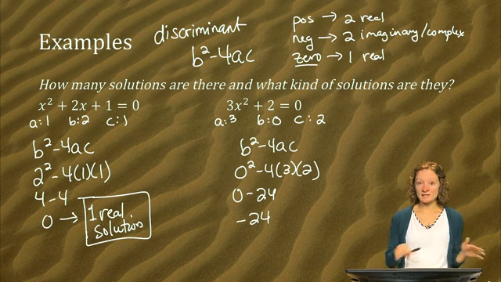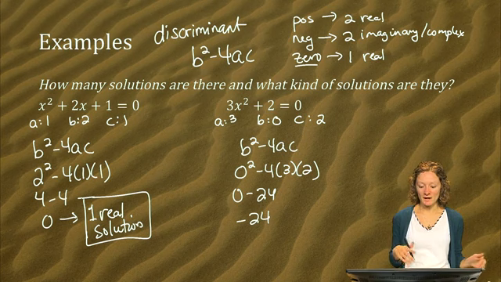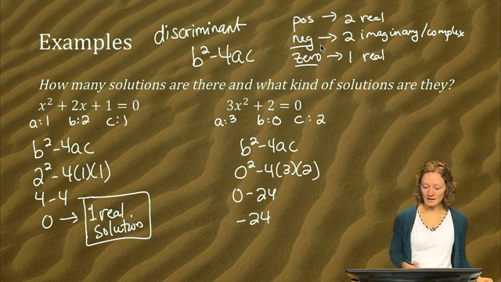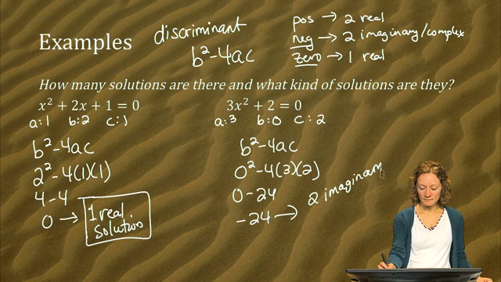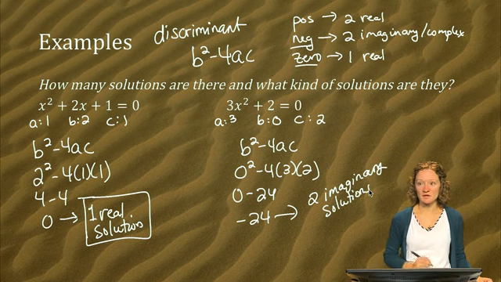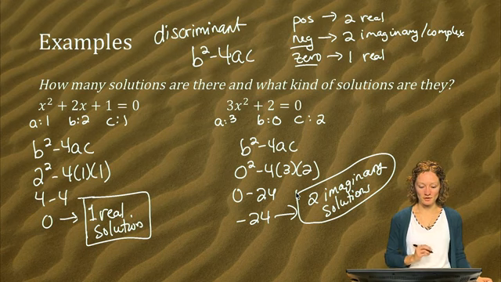This number does not tell you what the solution is, it tells you what kind. In this case, we got a negative number, which implies 2 imaginary or complex, it's the same thing, solutions. This is the answer we're looking for here. The question is how many solutions and what kind, not solve.